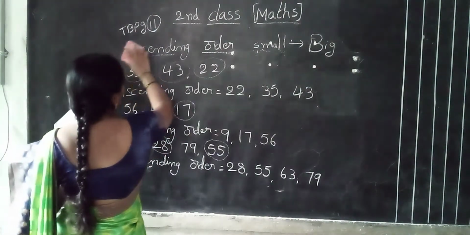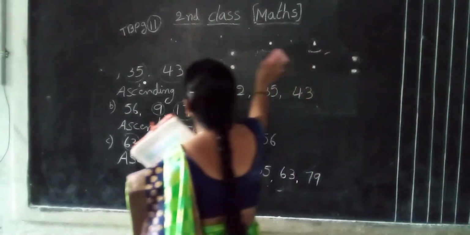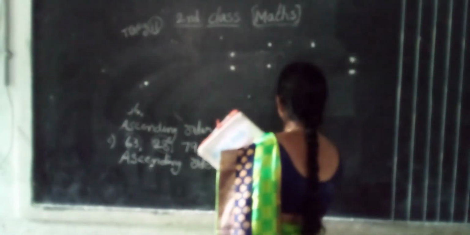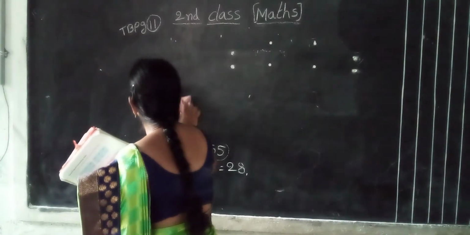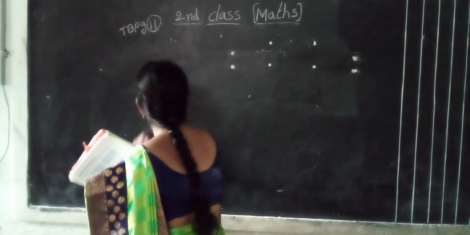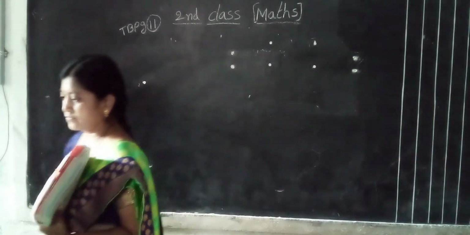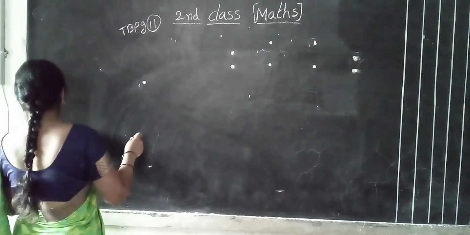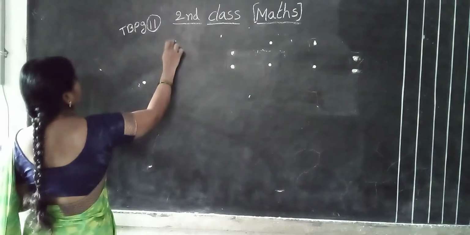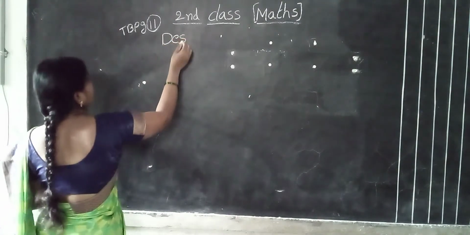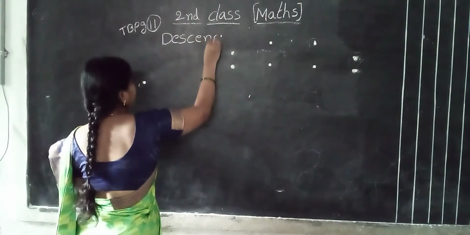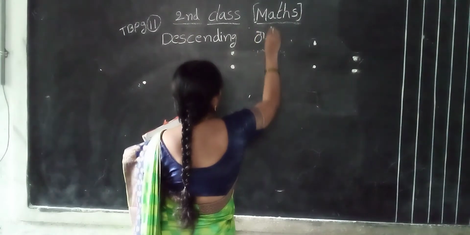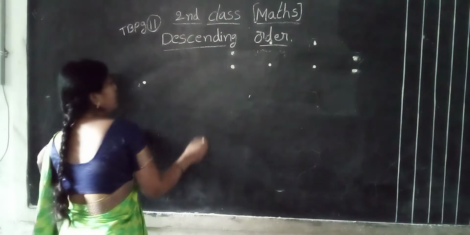Next, descending order. D-E-S-C-E-N-D-I-N-G, descending order.